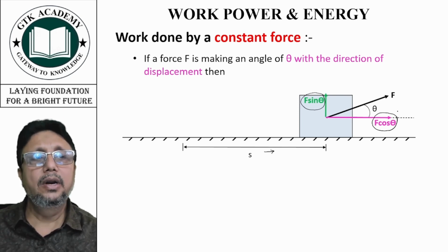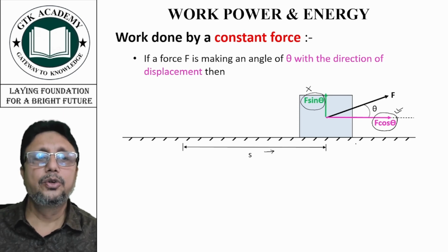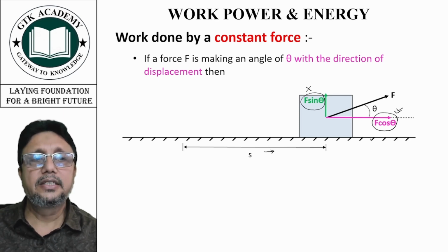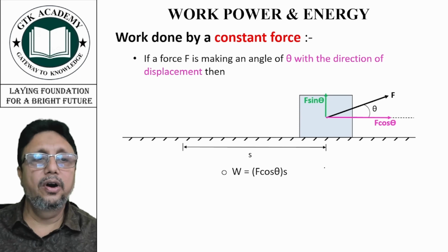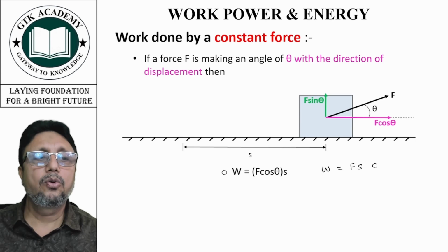Now, the whole displacement happens in the direction of F cos theta, and in the direction of F sin theta there is no displacement. So work in this case should be F cos theta into S. That means work is equal to F into S into cos theta.